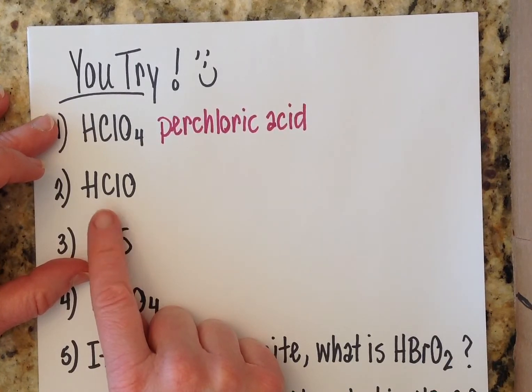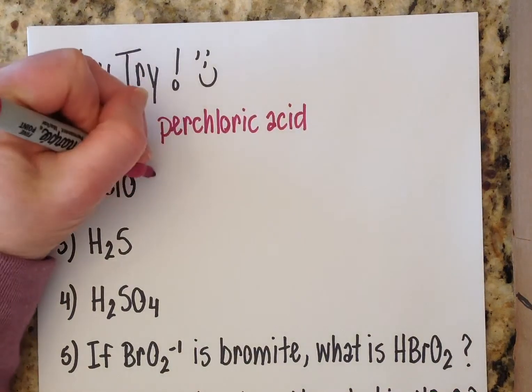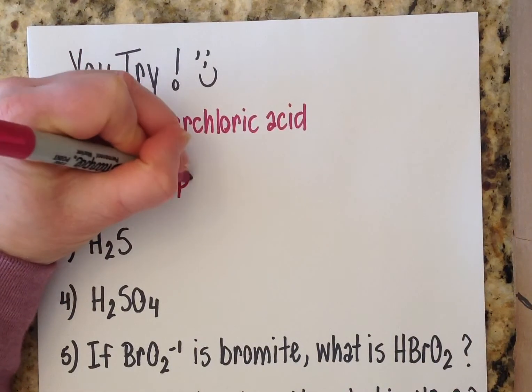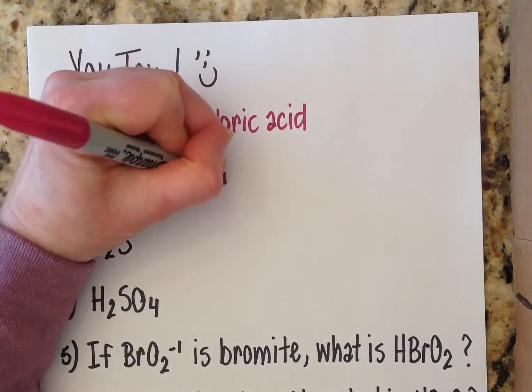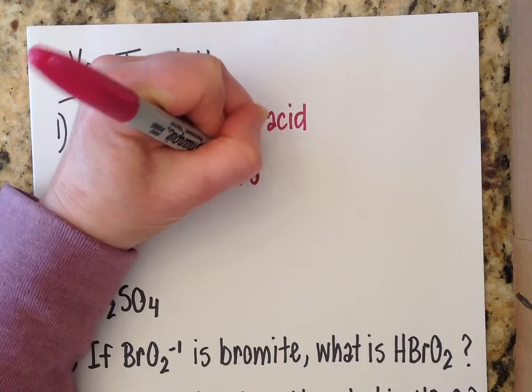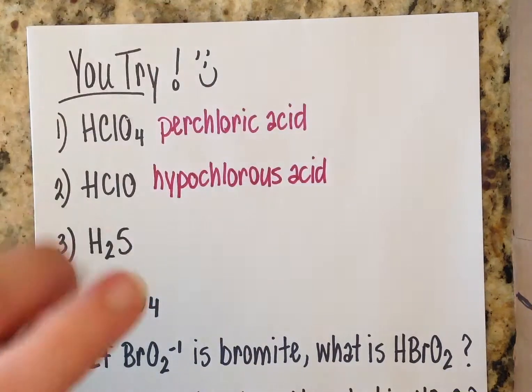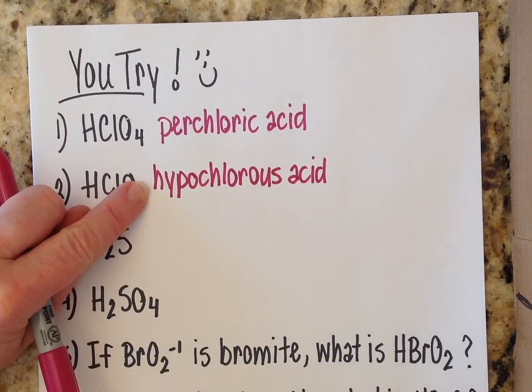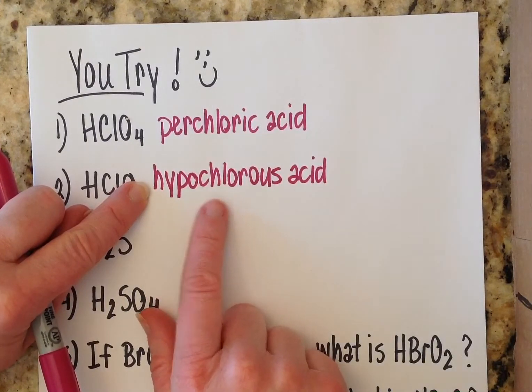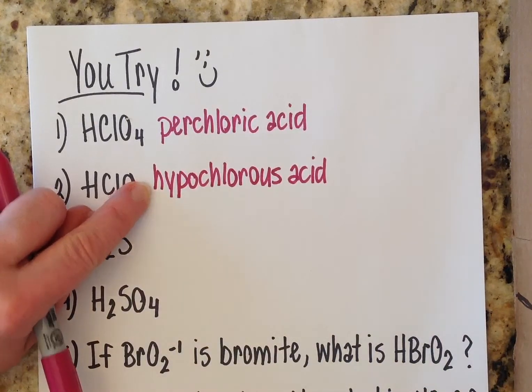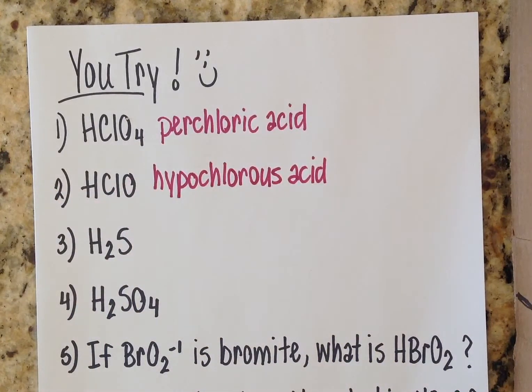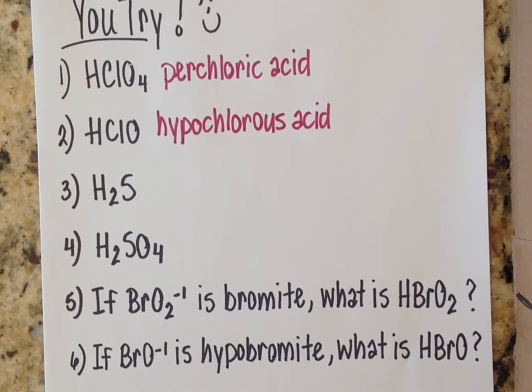So this is hypochlorous acid. So I do want you again to note that's not hydro. We only use hydro in front of a binary acid. Hypochlorite turned into hypochlorous. So that's a subtle little difference, but that's why you need to know those polyatomic ions really well so you can recognize those things.